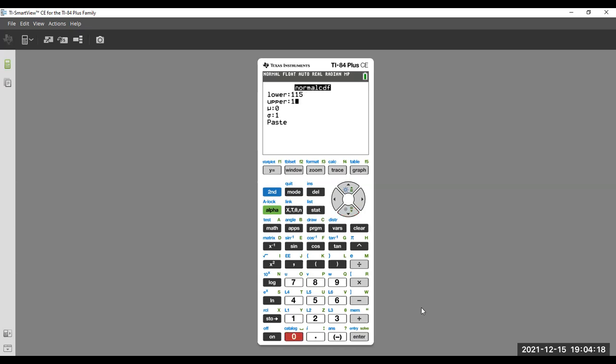Upper bound, 10 raised to the 9th. Mean is 100. Standard deviation is 15. Paste that in there. And there's the probability, 0.1586159 to 3 significant digits. So where are we?